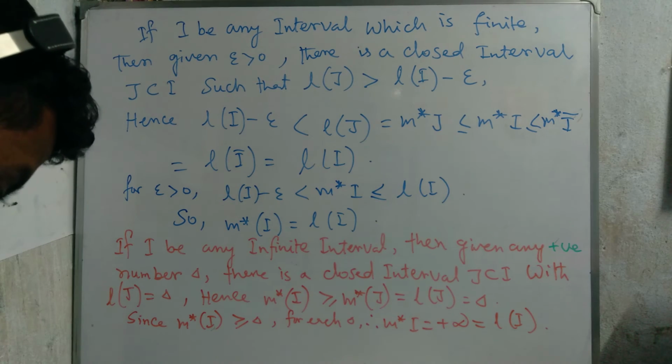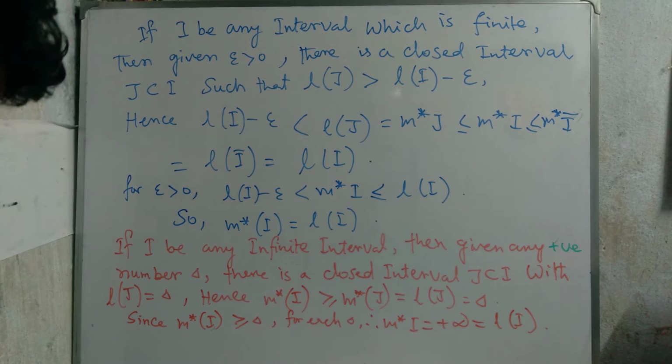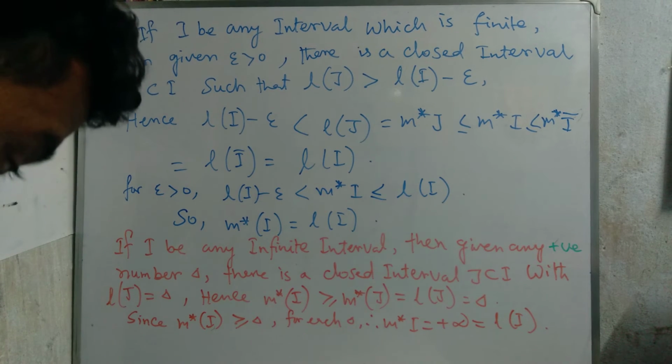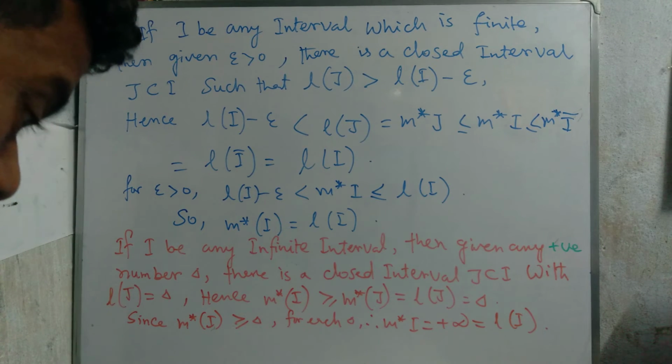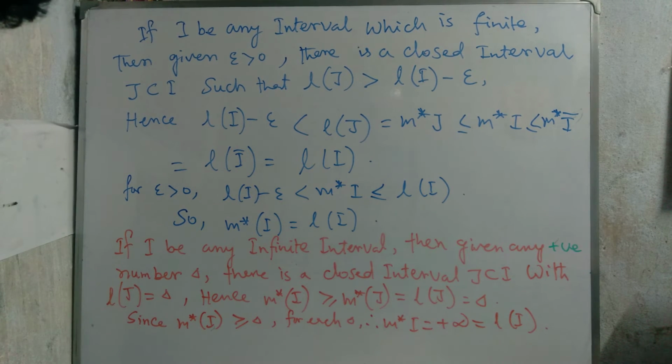Then obviously we use the Heine-Borel theorem, and consequently we find a finite collection which contains this [a,b]. In this way we also prove that the outer measure of an interval is its length.